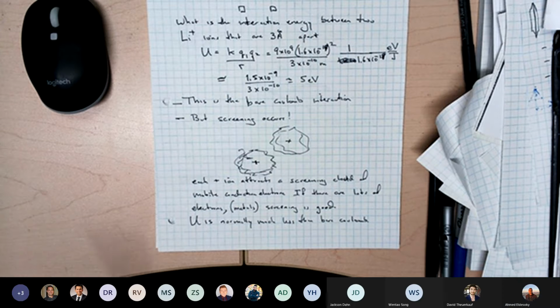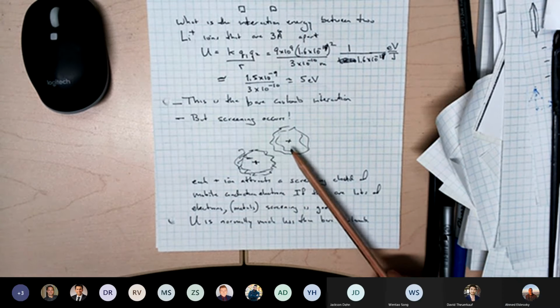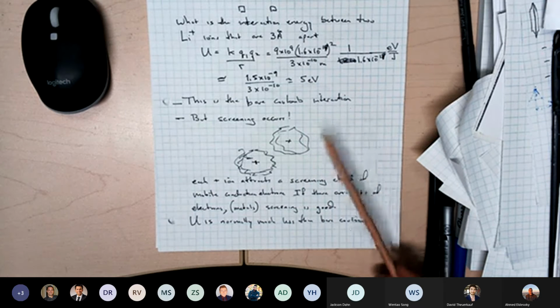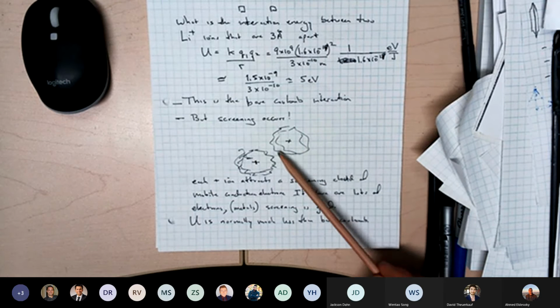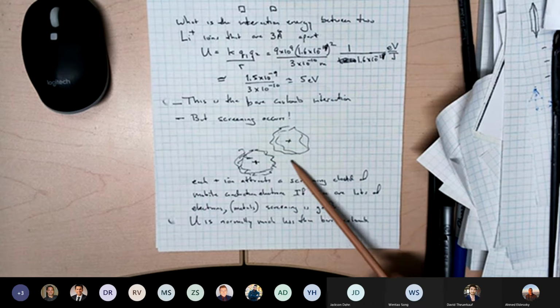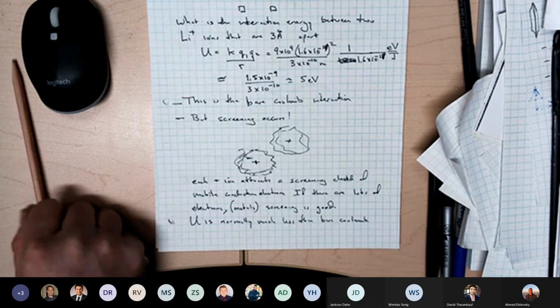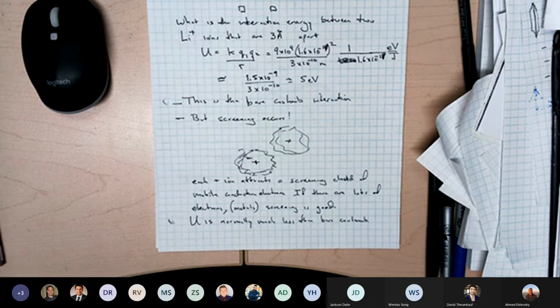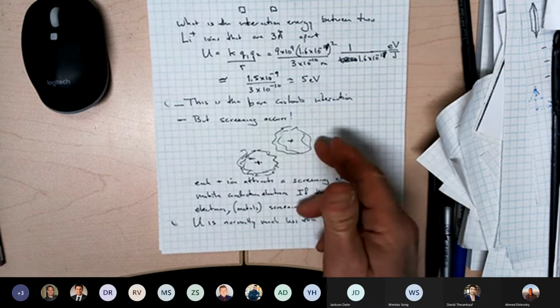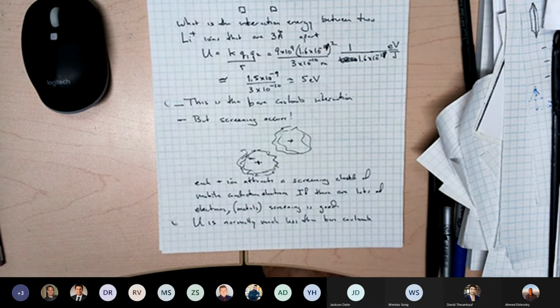If you put a positive charge into a sea of negative charge, the positive charge will attract a screening cloud of negative charge around it. And once you go far enough away, the net charge inside will be 0. And outside of that radius, you just don't interact with this thing anymore at all.